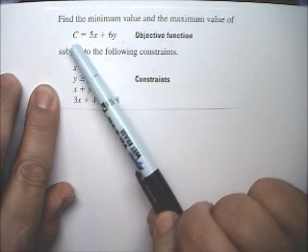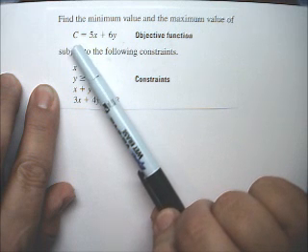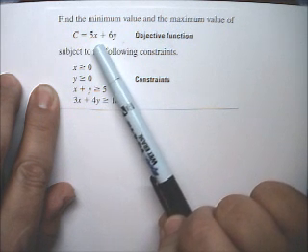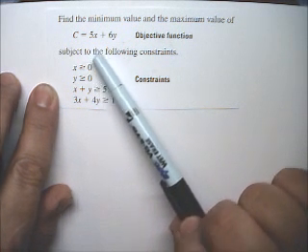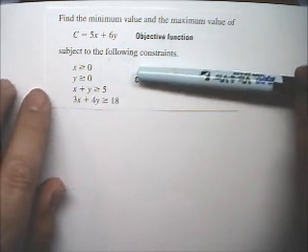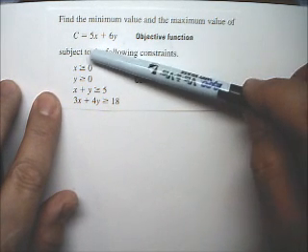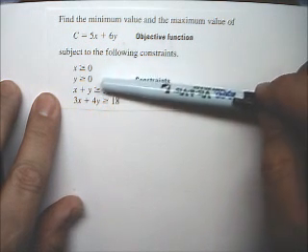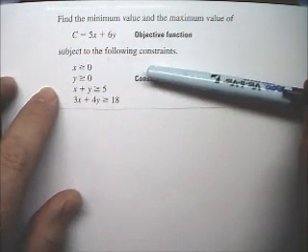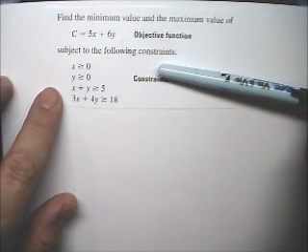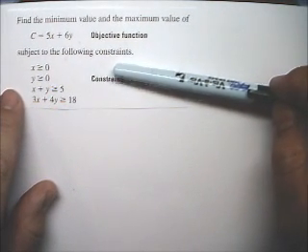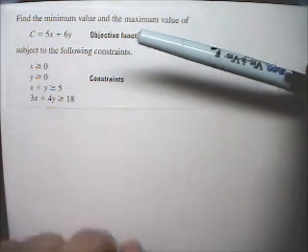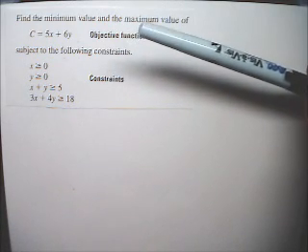It's a C, so this objective function might represent the cost, for example. The first thing to do to solve it is to graph the region that the constraints determine. And here we have four inequalities that determine the region.